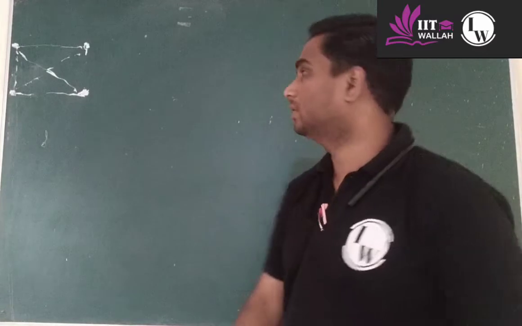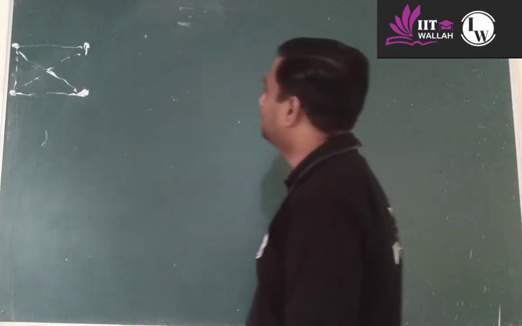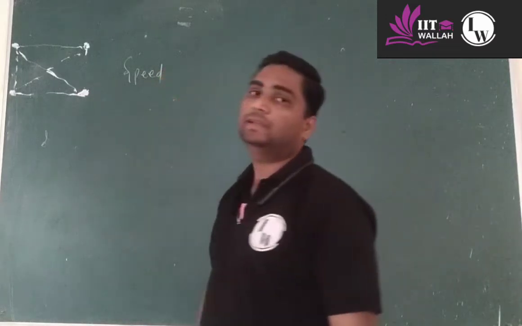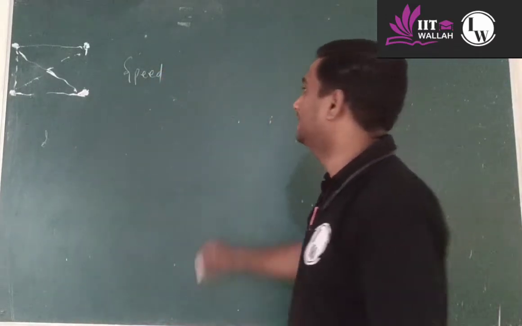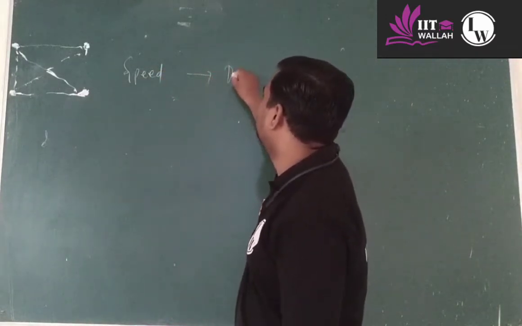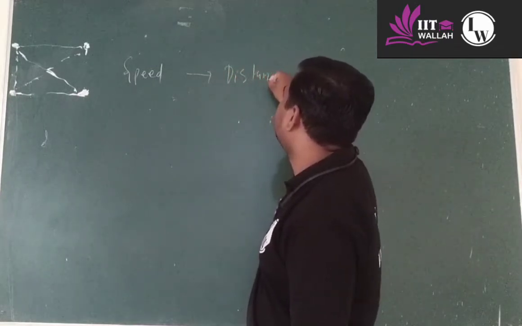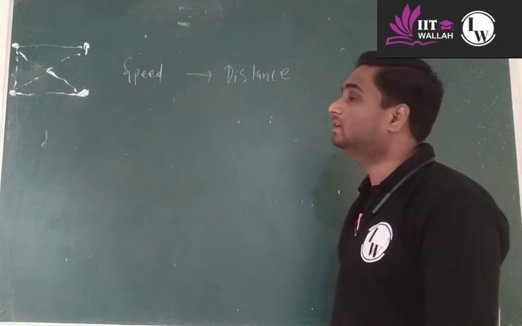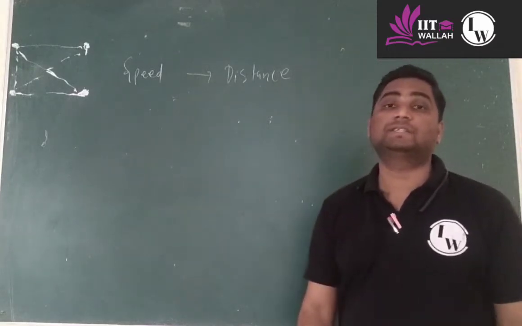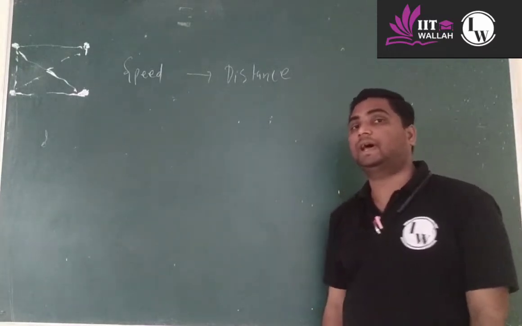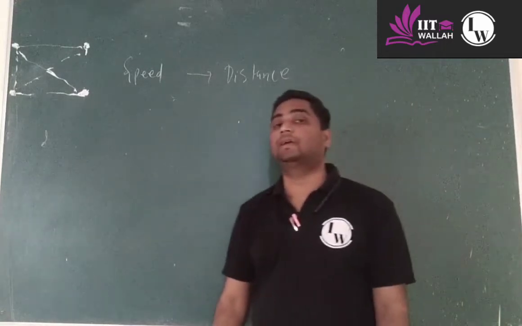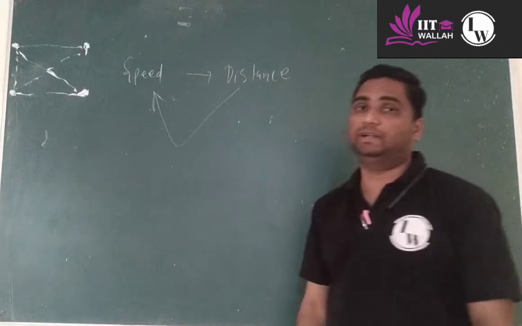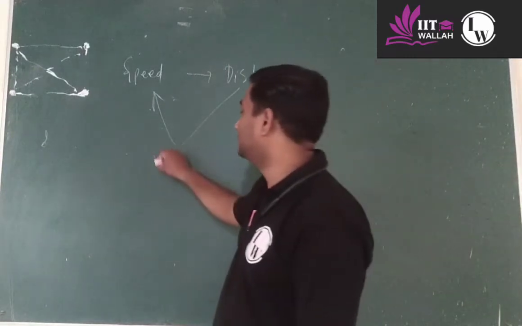Now first of all you have to see speed. Speed is related to distance. Distance covered by the body per unit of time is called speed. And see here also velocity.